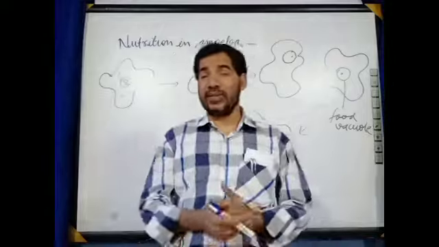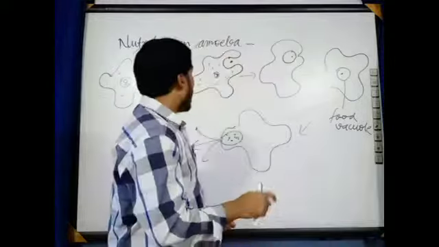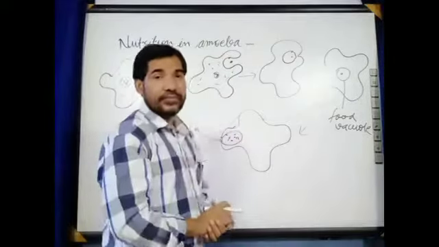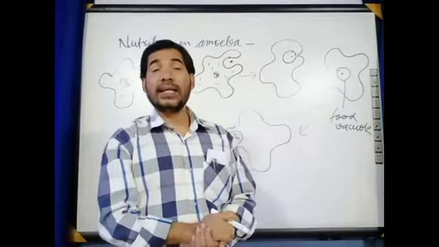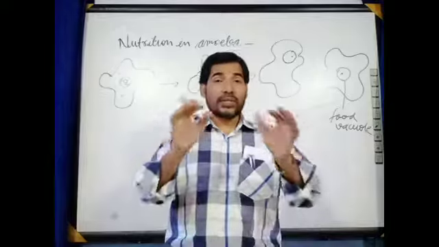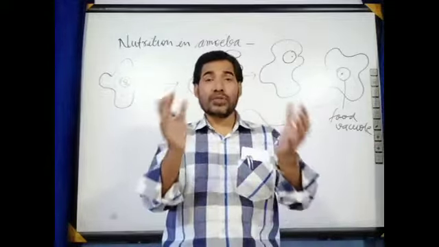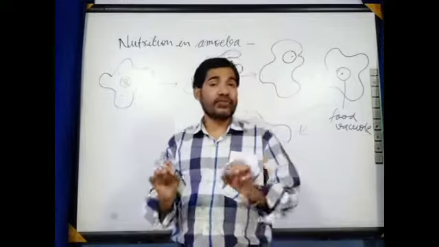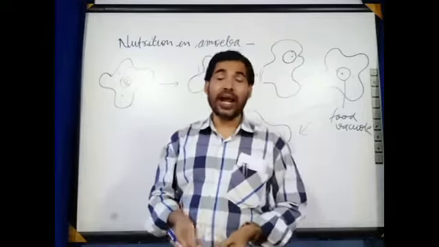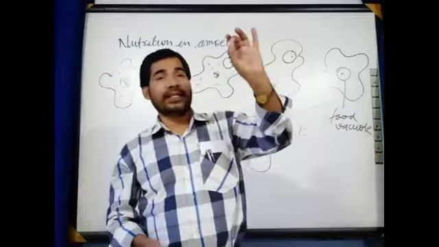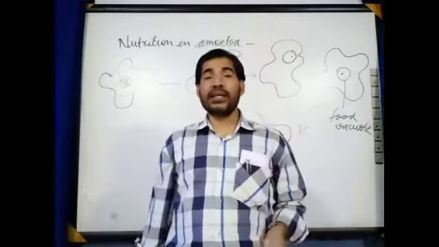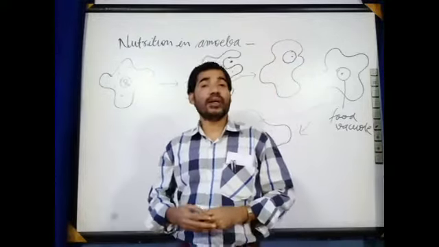it takes place through the general body surface. When the food comes in contact with the amoeba, the amoeba surrounds that food with the help of pseudopodia. After that it touches the ends of its pseudopodia like this and forms a cup-like structure. This cup is called the food cup.